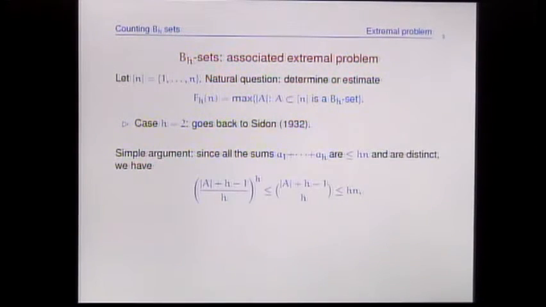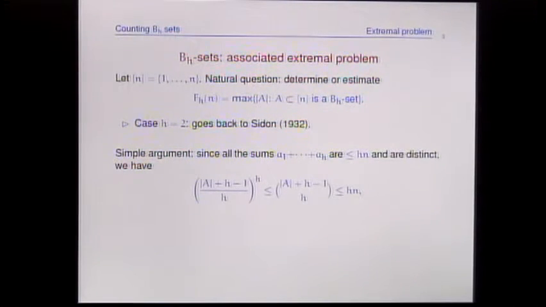So to have some feeling about this problem, let's try a simple argument. By definition, if I have a set A, which is a BH set, all these sums, A1 plus A2 and so on up to AH, are distinct. Of course, these sums are all at most H times n, because the A's are at most n.